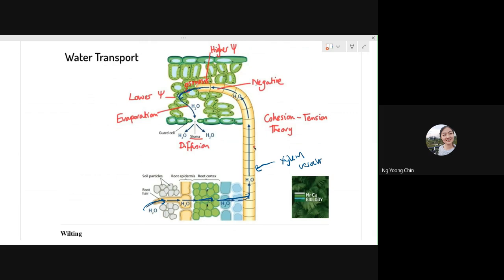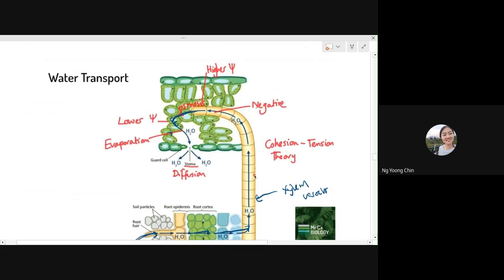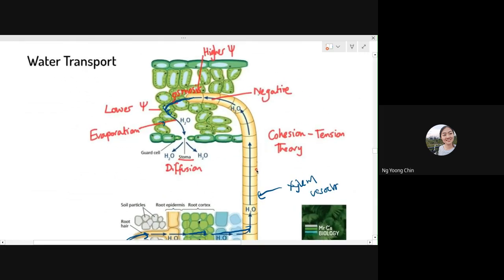Once the water enters the mesophyll cell, the water will be continuously flowing out like this, right? You can imagine that this is, for example, cell A and cell B. Imagine this is what we call cell A.